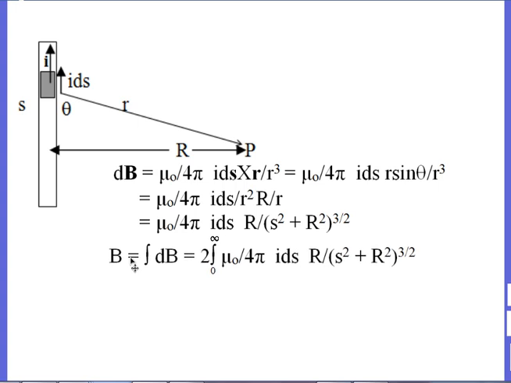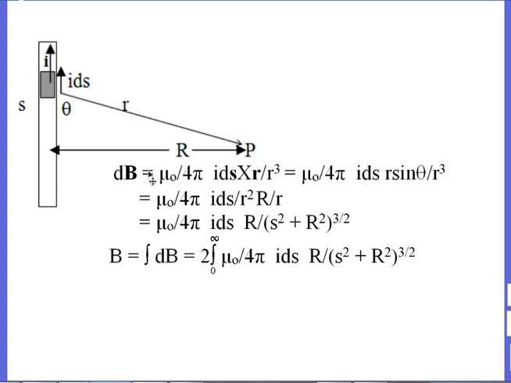And I hope that you are convinced that as you went to different positions along the line, this quantity s is going to change, and so that radius vector is going to change, but the direction, I hope, would stay the same.